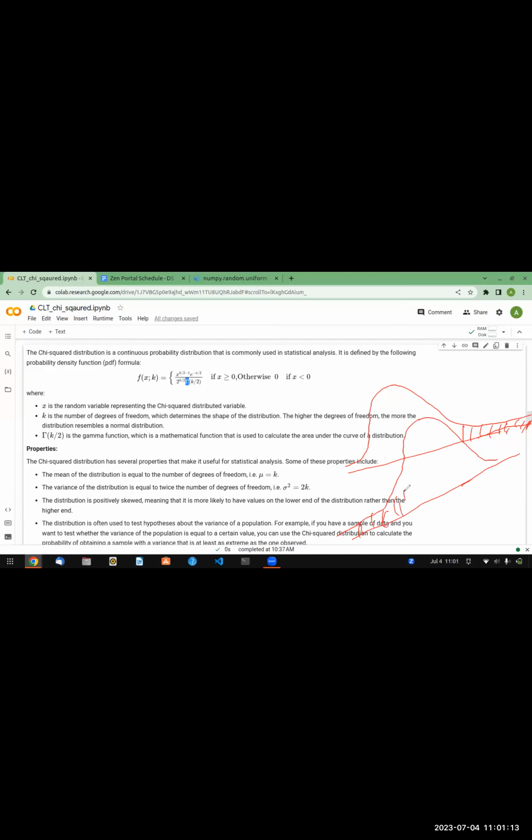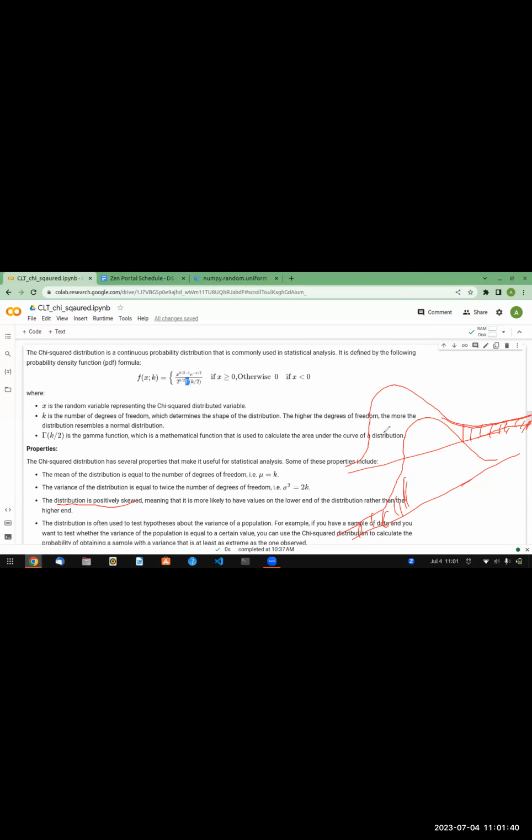Why I'm telling this is because you are going to encounter these terms in real life. Someone will say you have a right skewed normally distributed data. If you don't know what right skewed is, what will you understand from there? When I say right skewed, that means the data is more distributed towards the lower region, towards the right. So this property is saying the distribution is positively skewed.